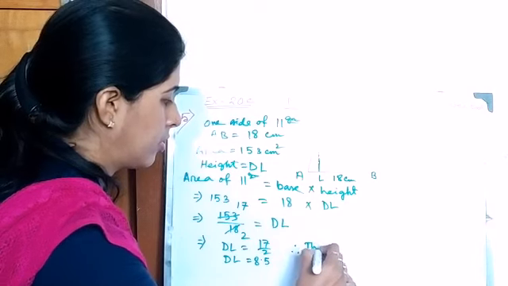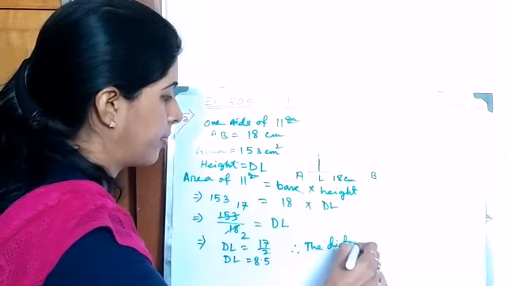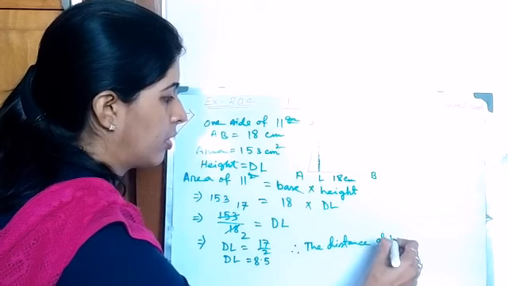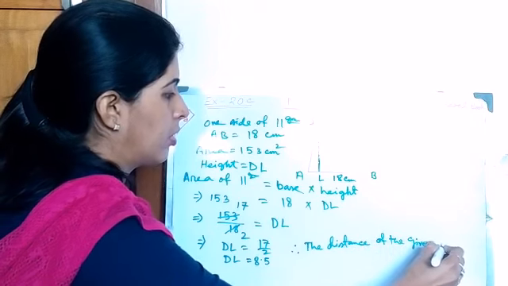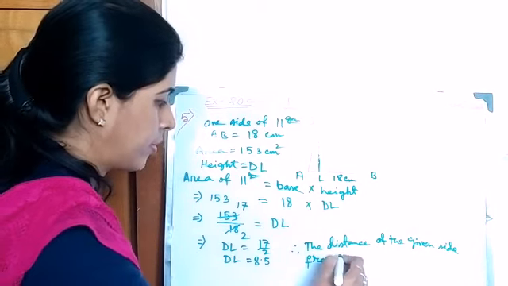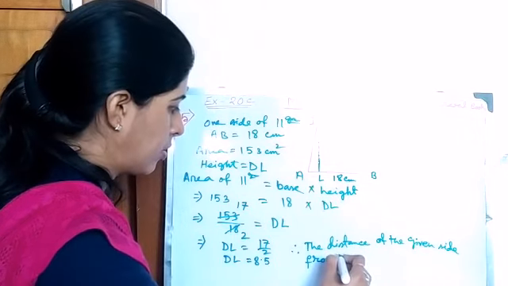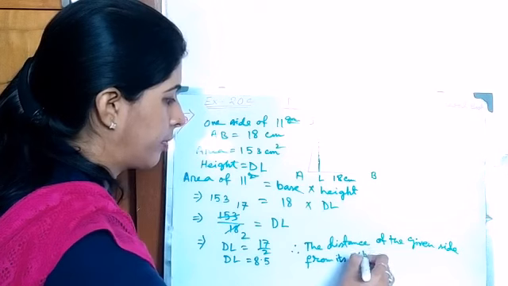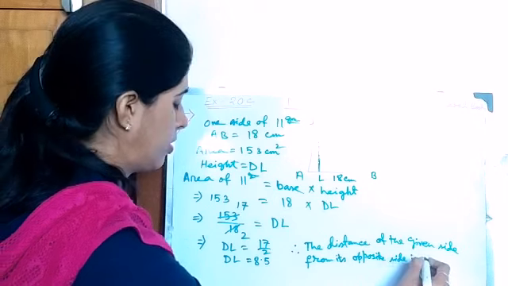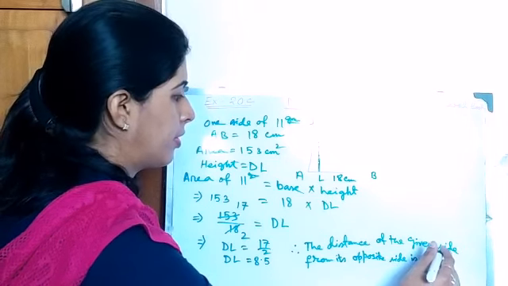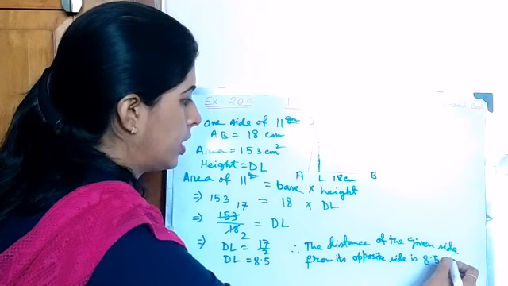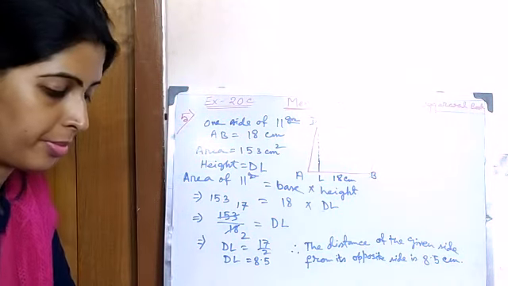Therefore, the distance of the given side from its opposite side is 8.5 centimeter.